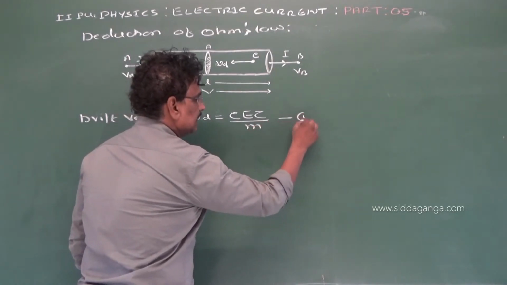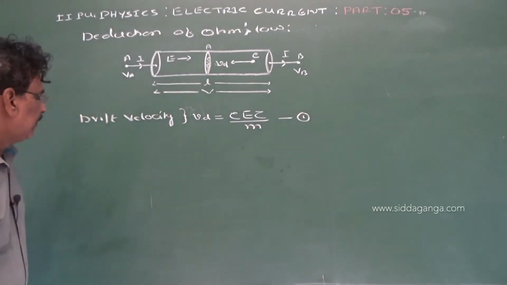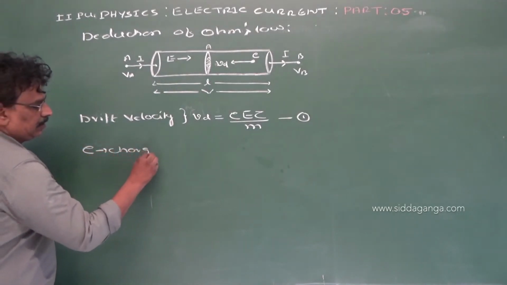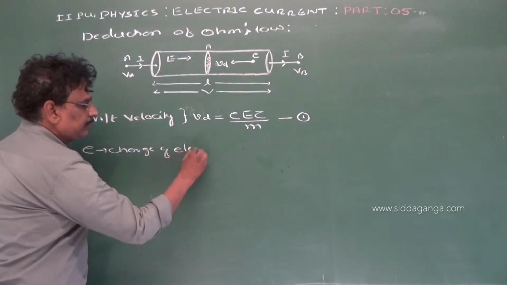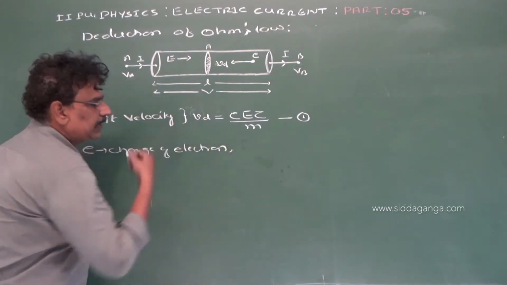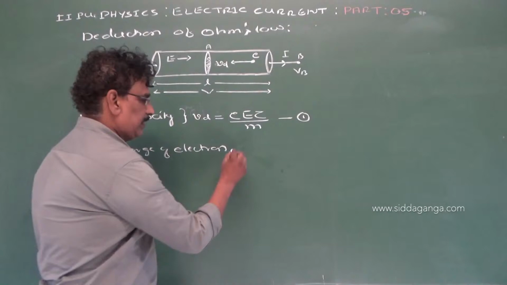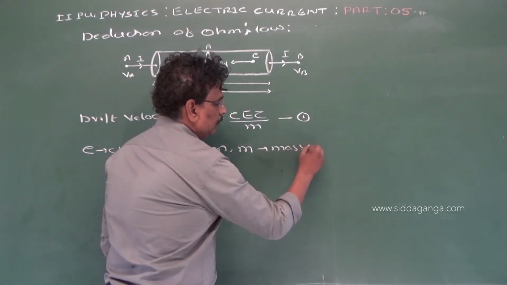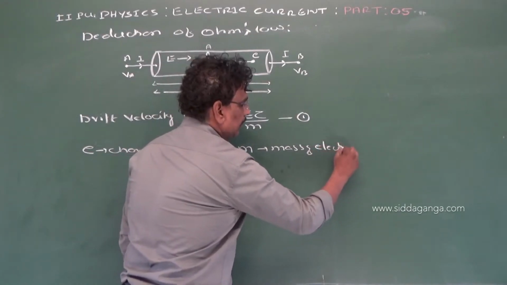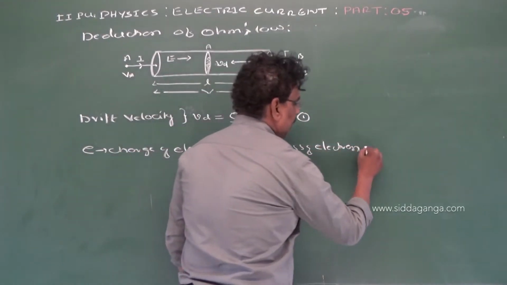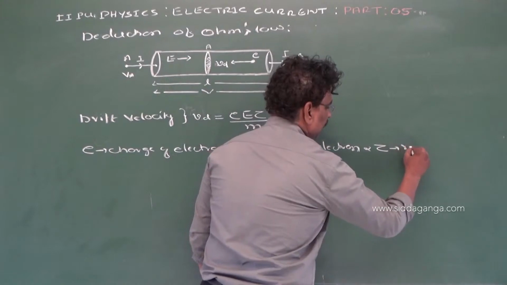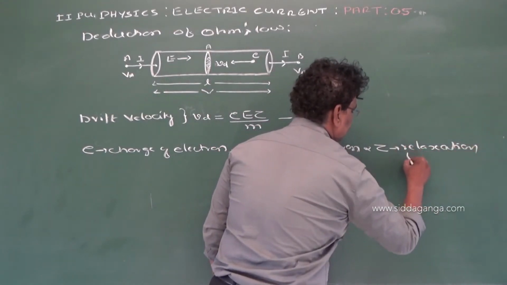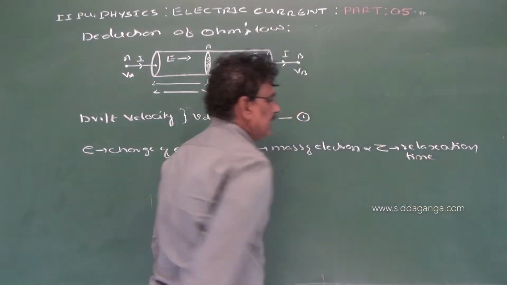Let us take it as equation number 1, where e is the charge of electron, m is the mass of electron, and tau is the relaxation time.